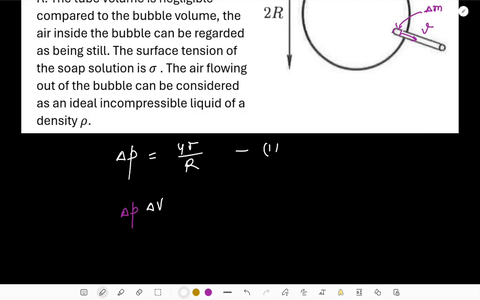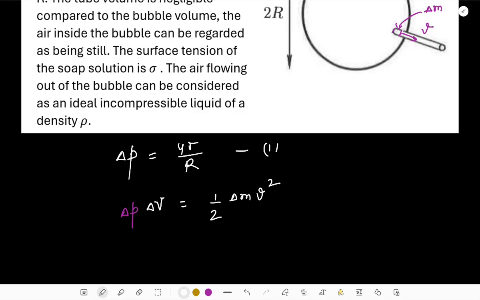So this is the work done by the bubble, and it will be equal to the change in kinetic energy of the air flowing out, and that I would like to write as half m v square. Here delta m is the mass of displaced air, and delta V is the bubble volume decrement.